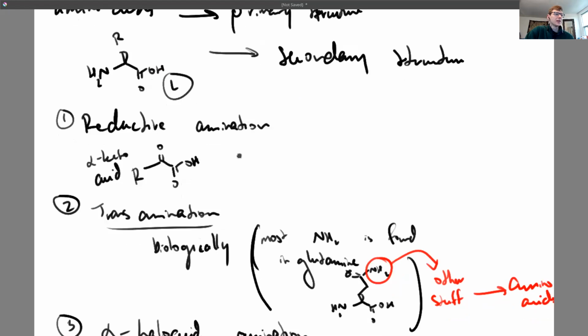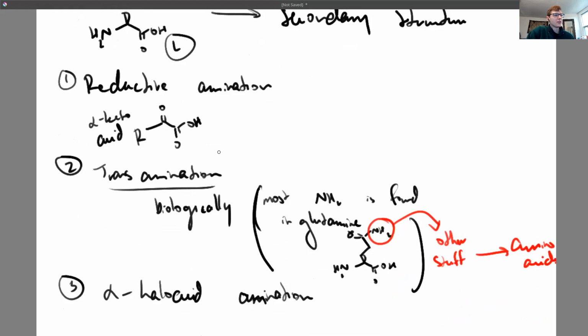So we have this alpha keto acid, right? And then we just literally do reductive amination on it, which you guys have seen and learned before already. So, one, give it NH3, two, give it one of the reductive amination reducing agents. I don't know if you guys remember these.